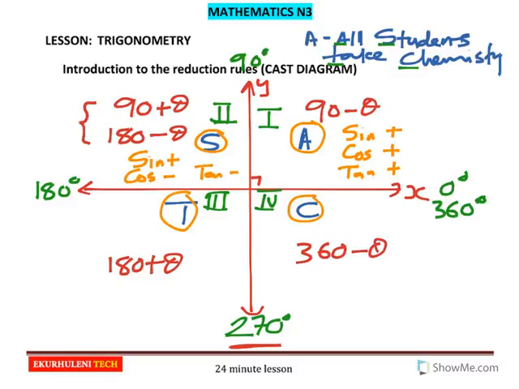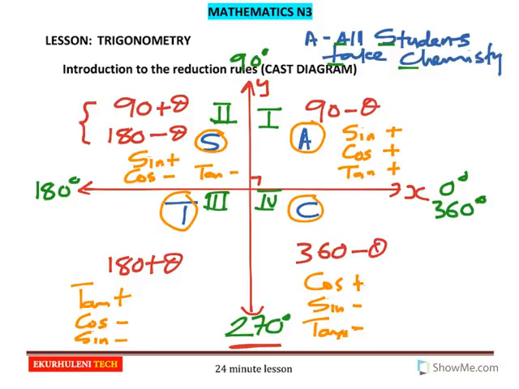Only sine is positive. In quadrant number 3, for T, it means tan is positive, cos is negative, and sine is negative. And in chemistry, we mean cos is positive, sine is negative, and tan is negative. So the best way to remember is using this CAST diagram.